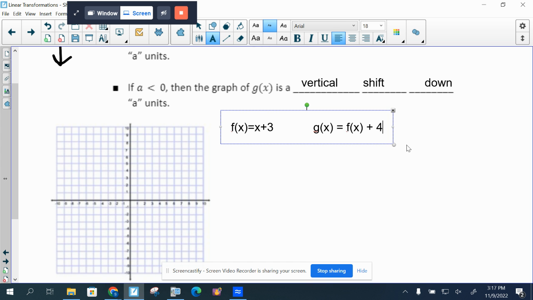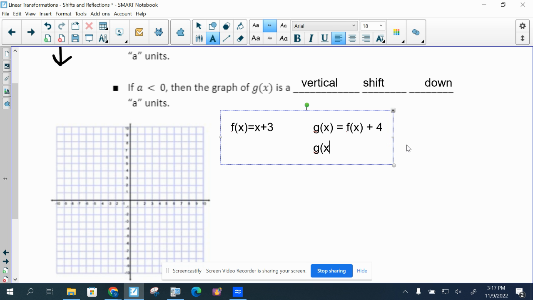So first of all, let's write the new function g of x. G of x, if we write it in terms of f of x, will be f of x plus 4 or x plus 3 plus 4. And then we would reduce. So g of x will be x plus 7.